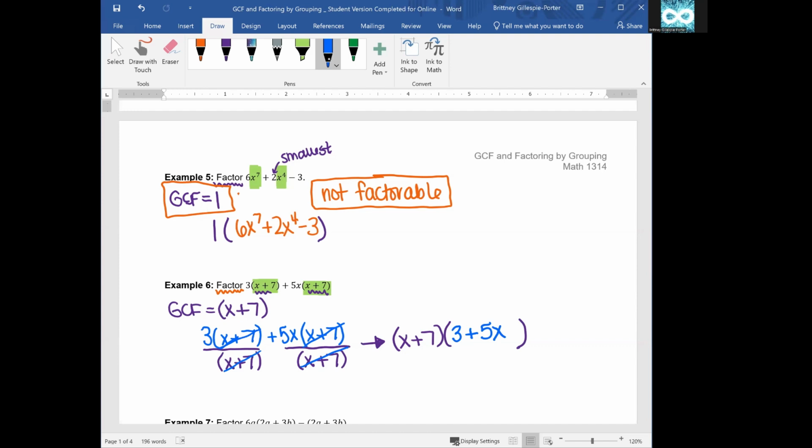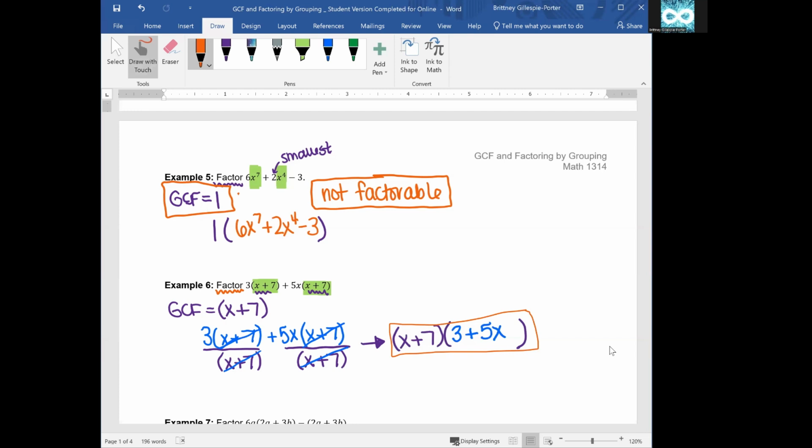The 3 doesn't have an x. Same thing with the x and the 7 in the first parenthesis, which means I've actually factored this. I am done. And of course my pen stopped working, so there we go. That's going to be our answer.